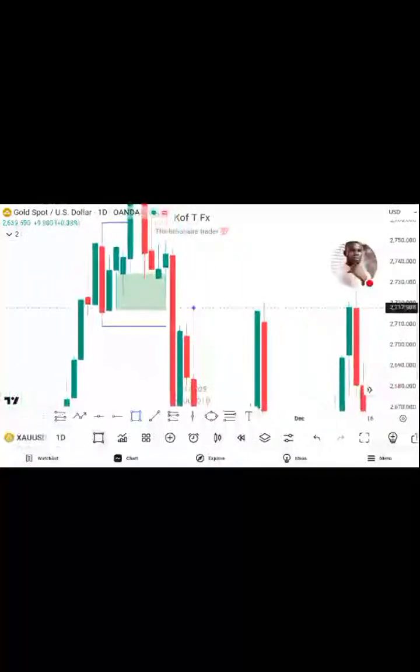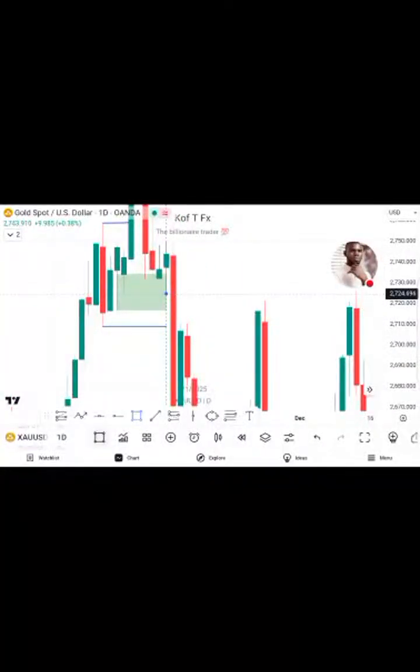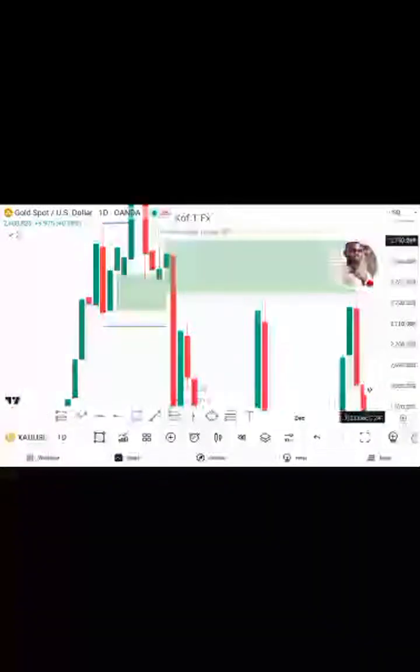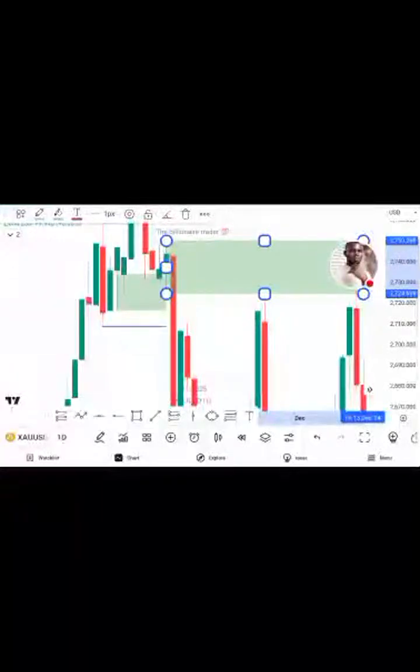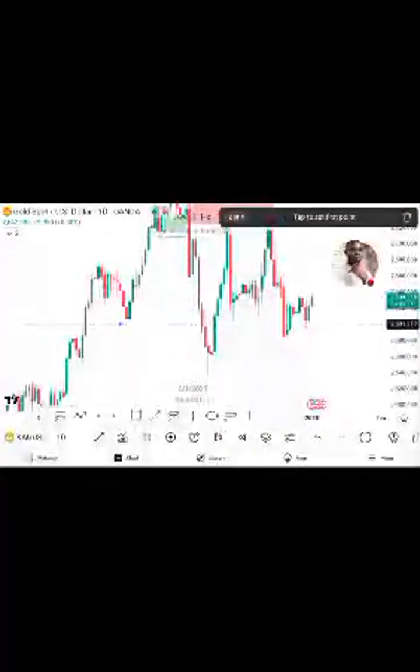So after getting that demand zone, we have demand turn supply. So we have this supply zone here. So we have demand turn supply, and we have this break of structure here.